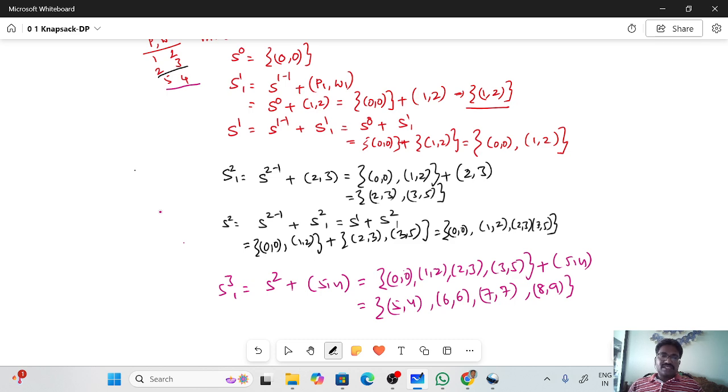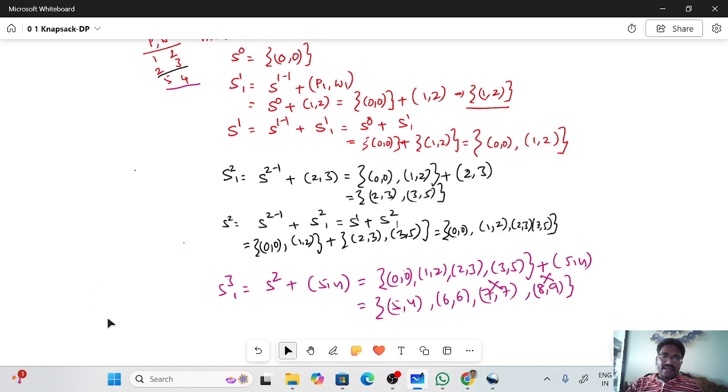So this is S31. So what we are going to do here, we must verify those two conditions. What is the first condition? Check weight less than or equal to knapsack capacity, nothing but less than or equal to 6. 4 is less than or equal to 6, 6 is less than or equal to 6, 7 is not less than or equal to 6, no need to maintain this pair, 9 is not less than or equal to 6.